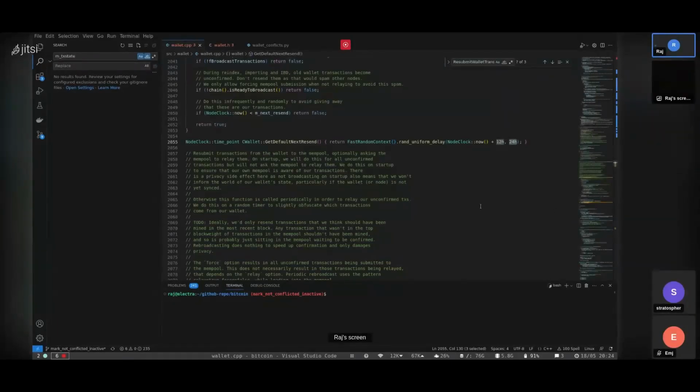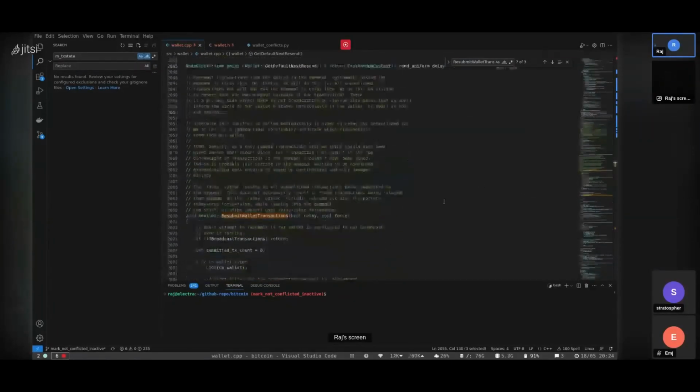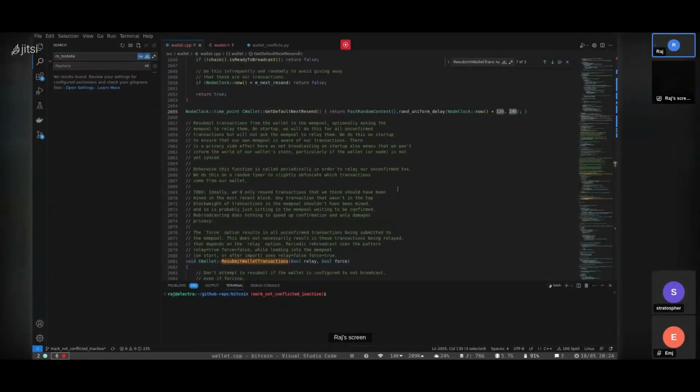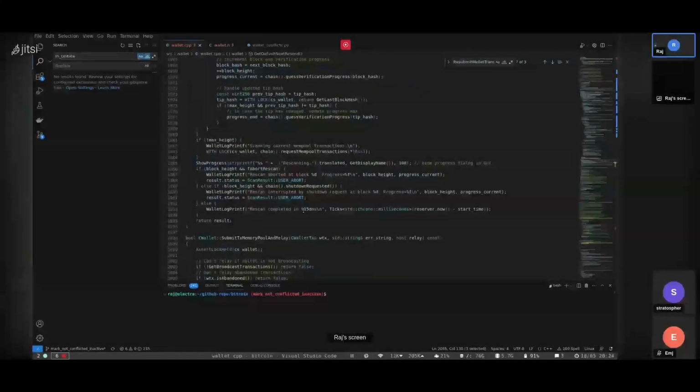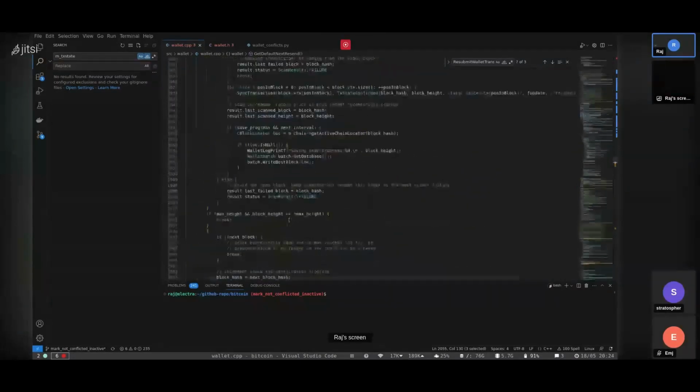So 12 plus 24 is 36. So around an average of about 24 hours, it will try to rebroadcast the transaction. Yeah, so that's what it means by transaction state inactive.